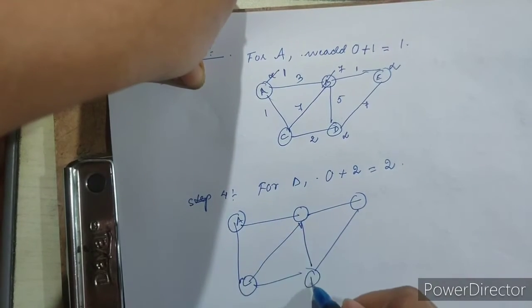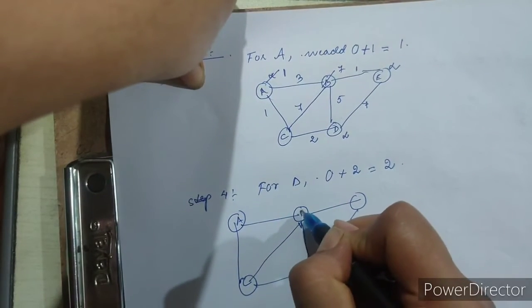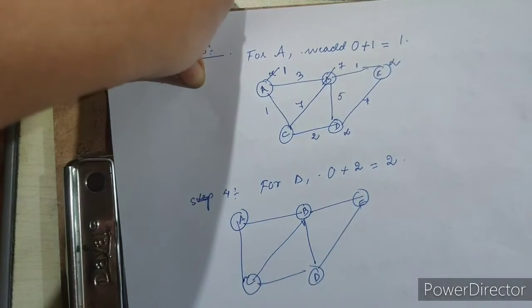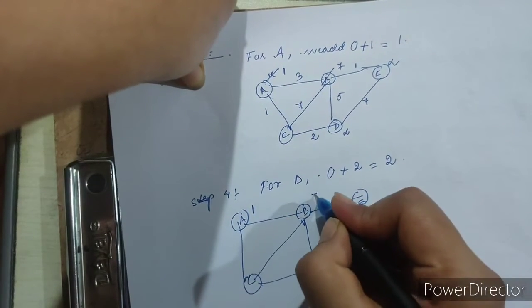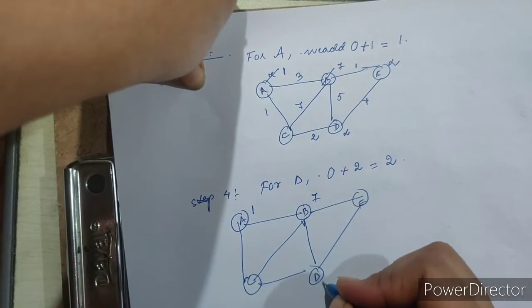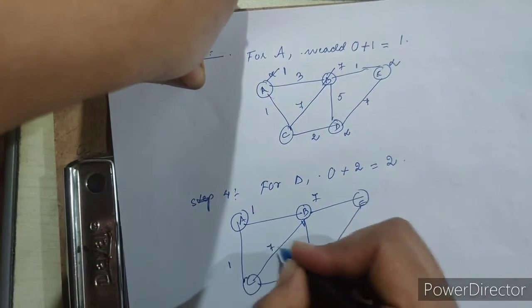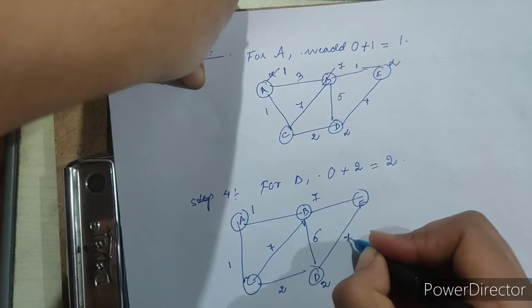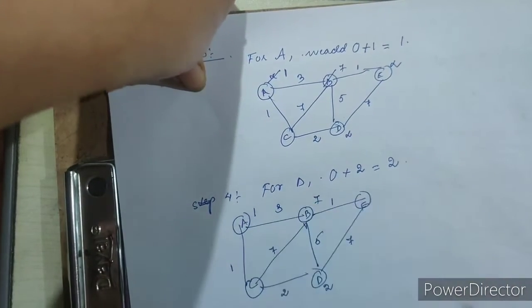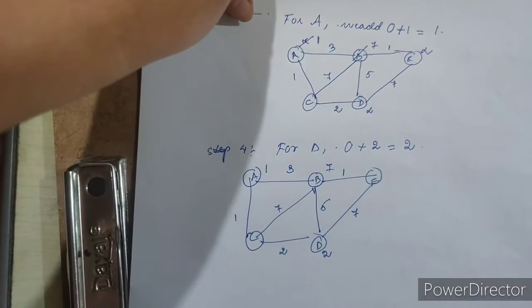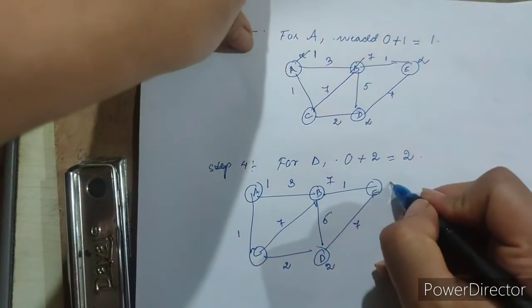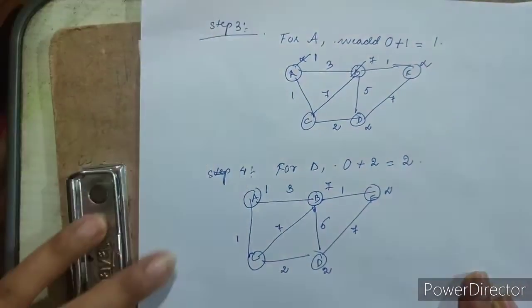A, C, D, B, E. This is 1, this is 7, and this is 2, this is 2, 1, 7, 5, 7, 1, and 3. Got it? And what about this? This tends to infinity.